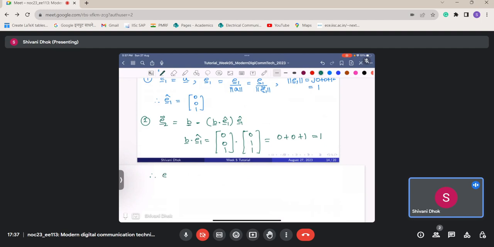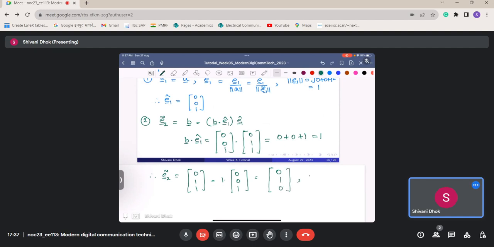Therefore, this e2 tilde will be B, that is (0, 1, 1), minus 1 into e1, that is (0, 0, 1), and this comes out to be (0, 1, 0).